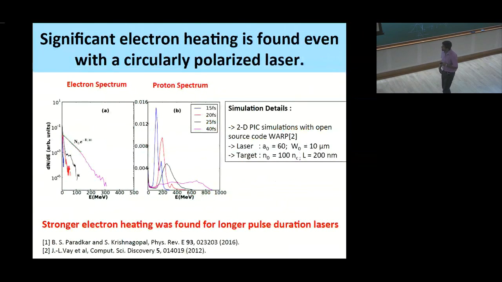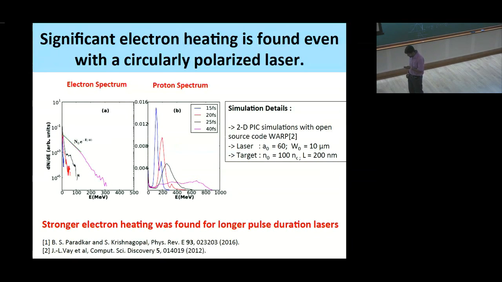What we have found is that even if you use a circularly polarized laser, in a two-dimensional or multi-dimensional case, you still have electron heating. For that we ran a PIC simulation with the open source code WARP, with a laser a naught of the order of 60 and a target of the order of 200 nanometers. We varied the pulse duration of the laser.